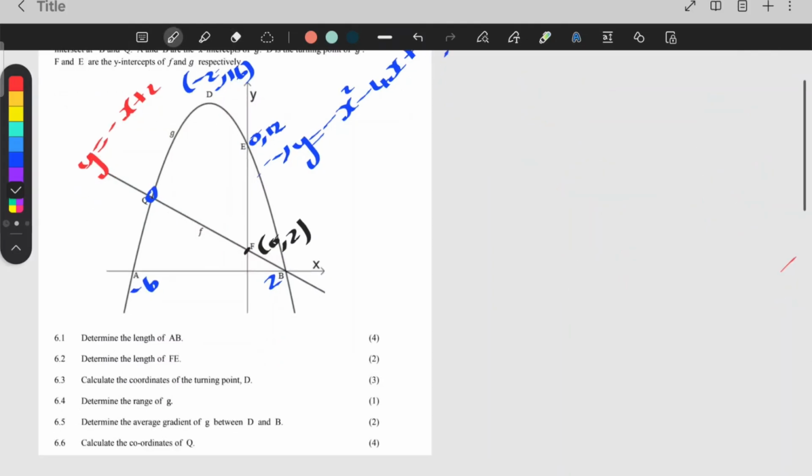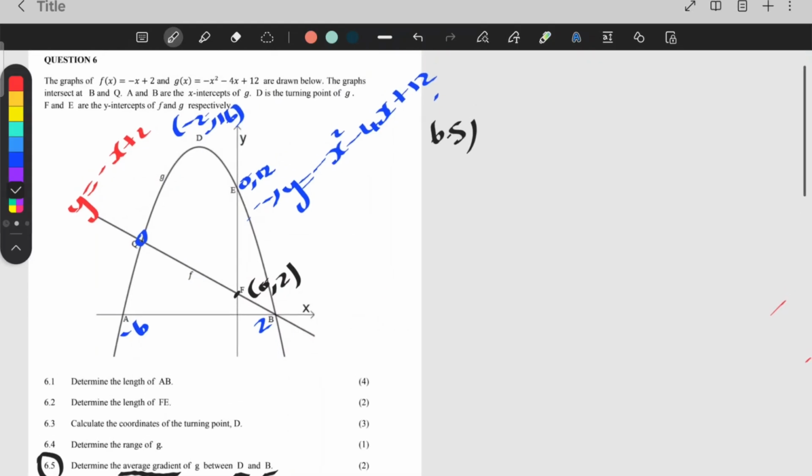Next question, 6.5 says, determine the average gradient between point D and B. So average gradient is just gradient. Gradient on your formula page is y minus the other y over x minus x.